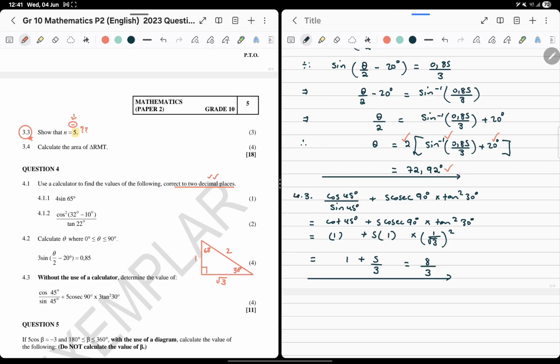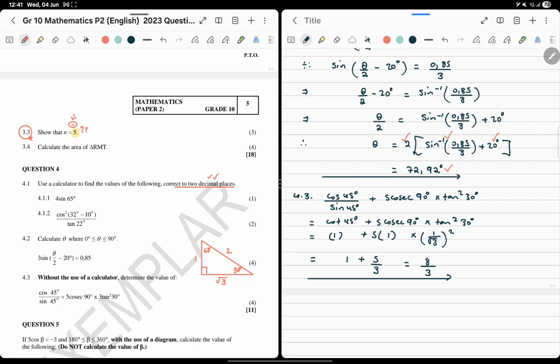Very much done. Okay, so that's it. So let's put it on the calculator now to check if the answer we are getting is good. So cos 45 divided by sine 45.